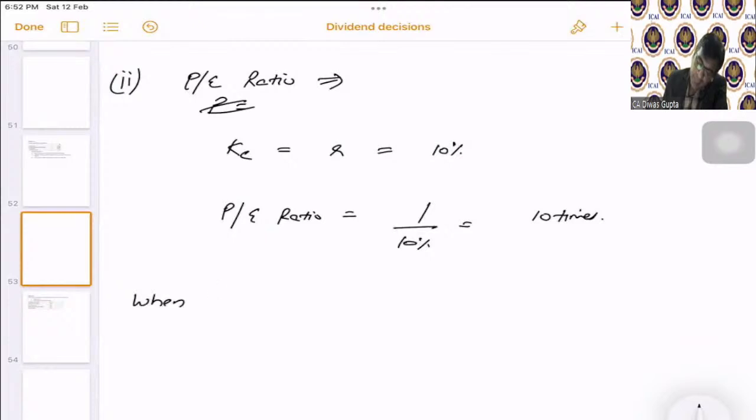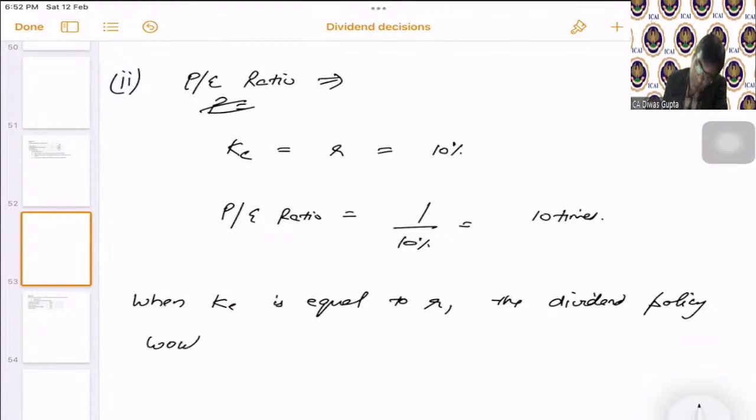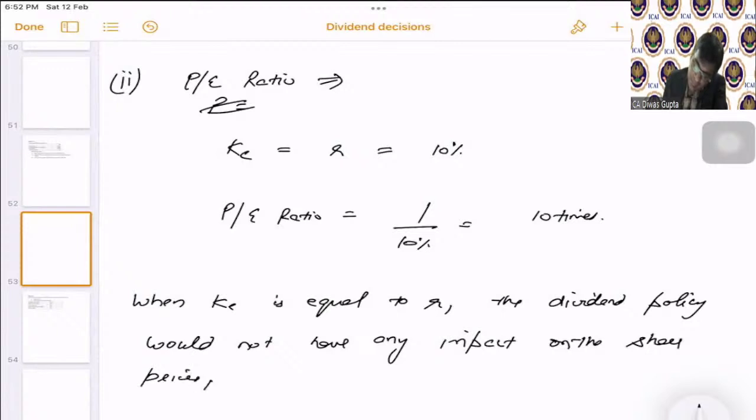When KE is equal to R, the dividend policy would not have any impact on the share prices.